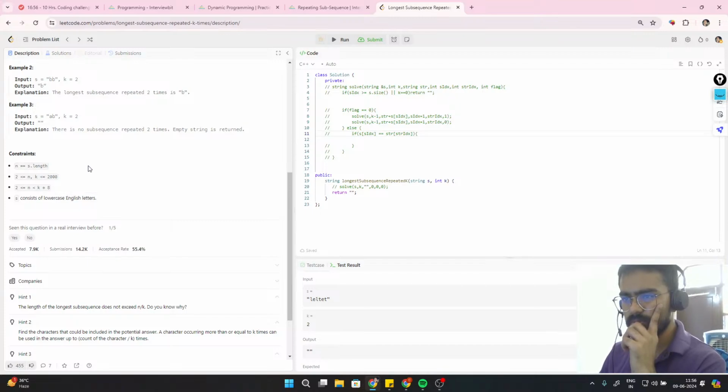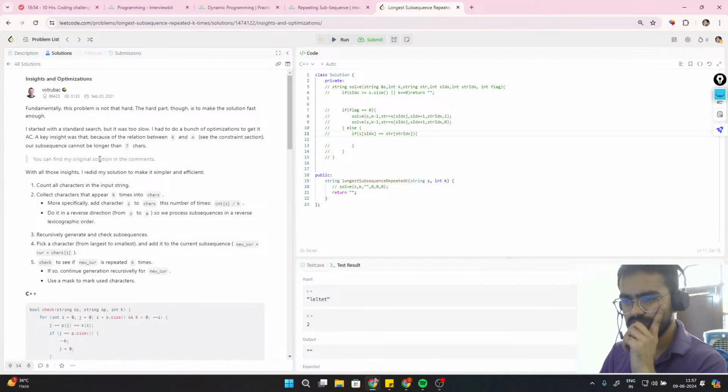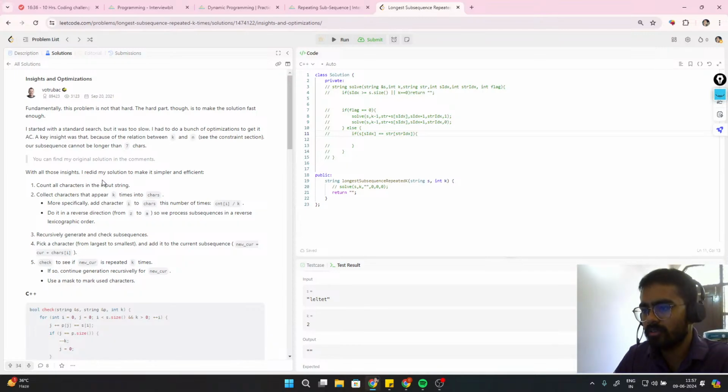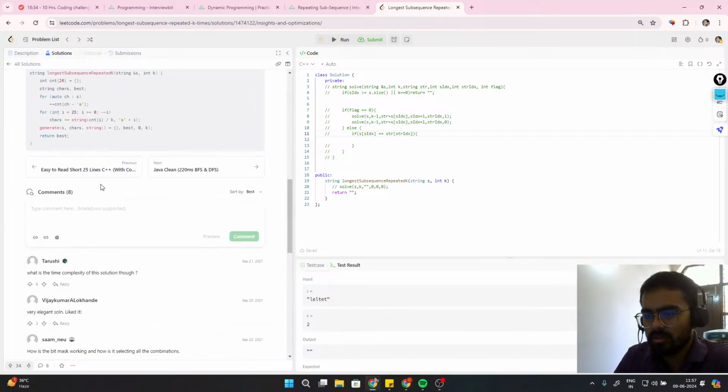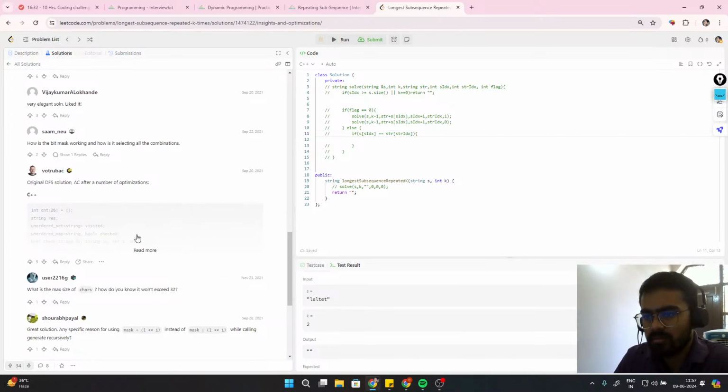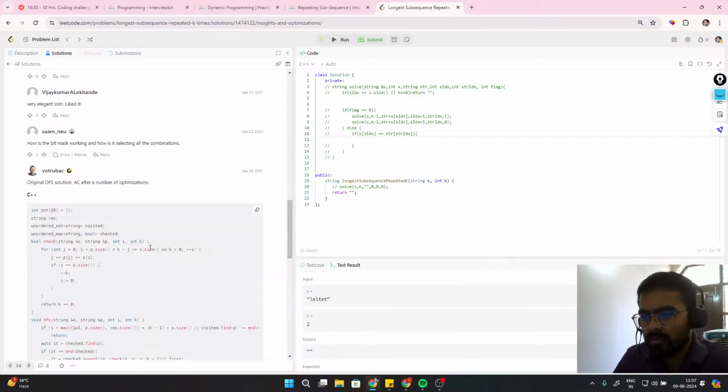K can go to 2000. The key insight was that because of the relation between K and N, see constraint section, our subsequence cannot be longer than 7 characters. You can find my original solution in the comments. With all those insights, I redid my solution to make it simpler and efficient. Original DFS solution accepted after a number of optimizations.